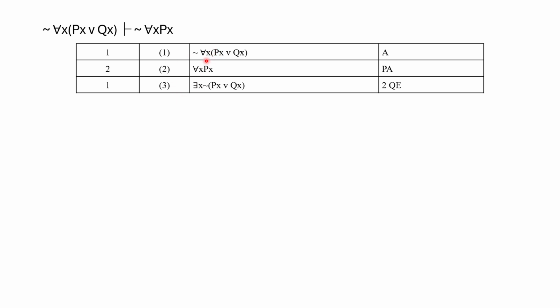The same thing will be true when we use the quantifier exchange rule, where we have a tilde EX, and then we can change it to a universal AX tilde, again saying that if it's not the case that there exists something that's blank, that's also saying that all things are not blank.